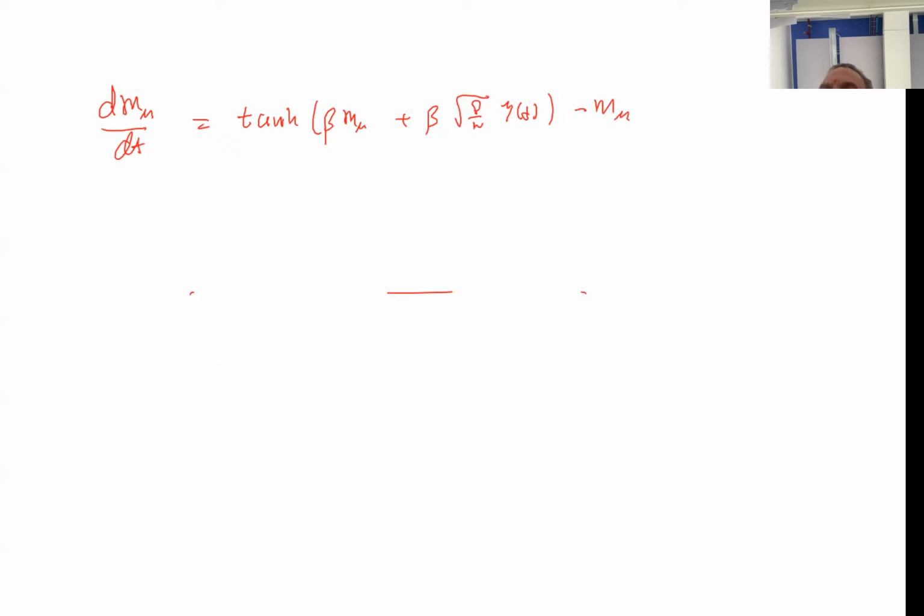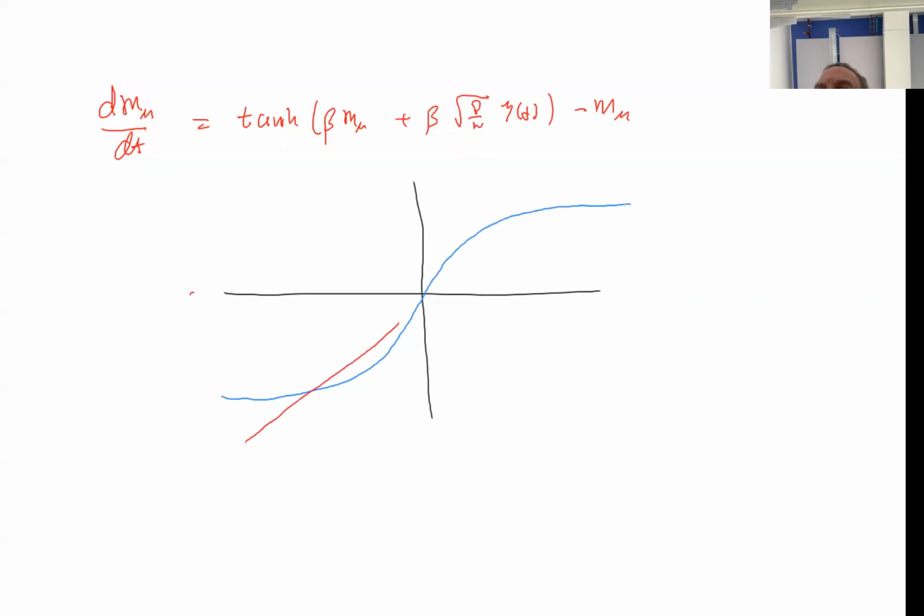So all it does, when we have our fixed points here, is that early on, instead of going right to the fixed point, we might wiggle around a little bit.